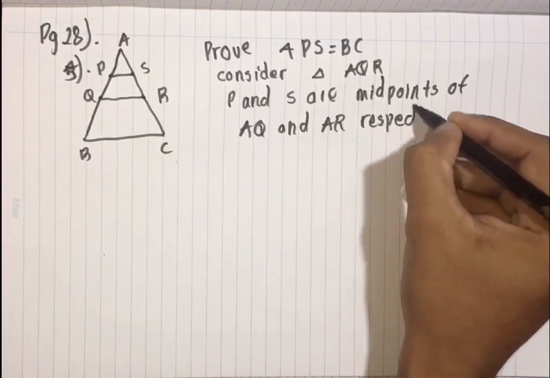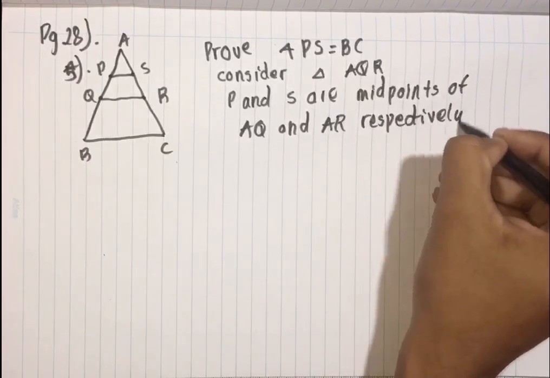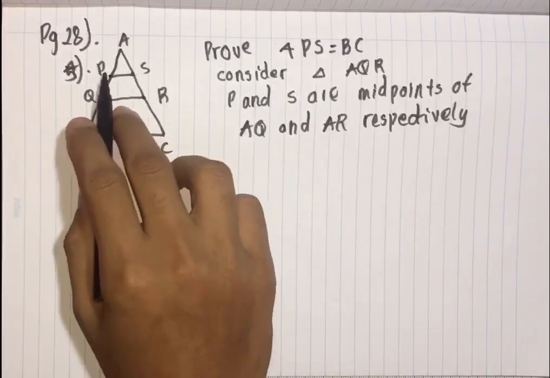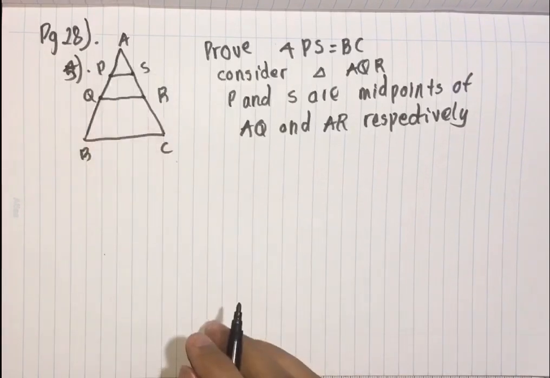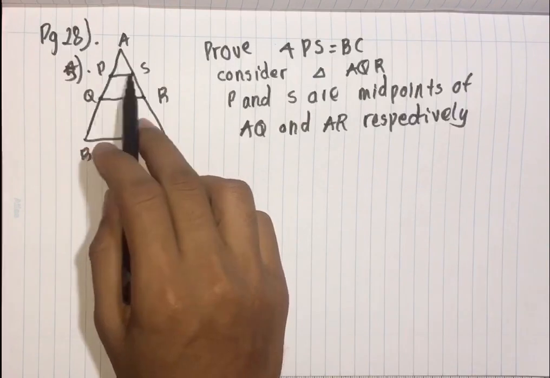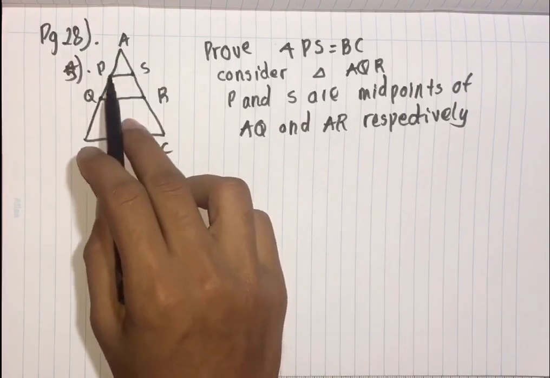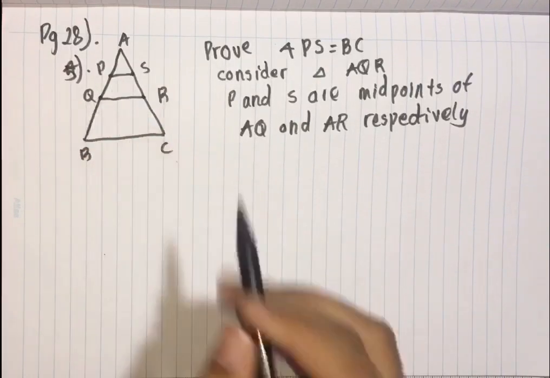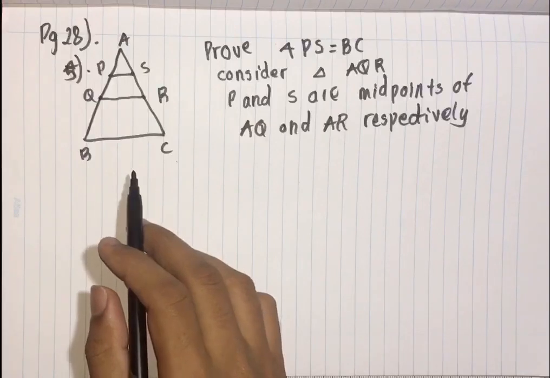That is the data. Now you also know that if the midpoints are joined, it is half the length of QR. Is that clear? That is the midpoint theorem.